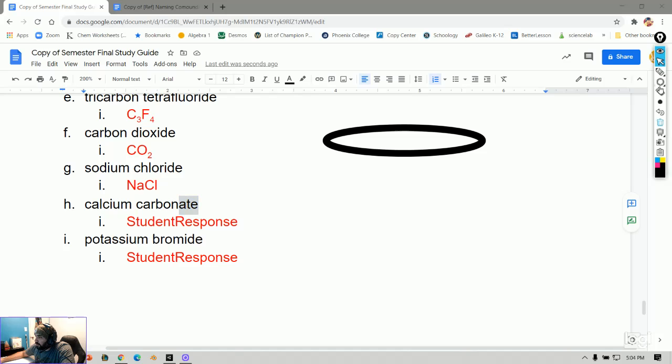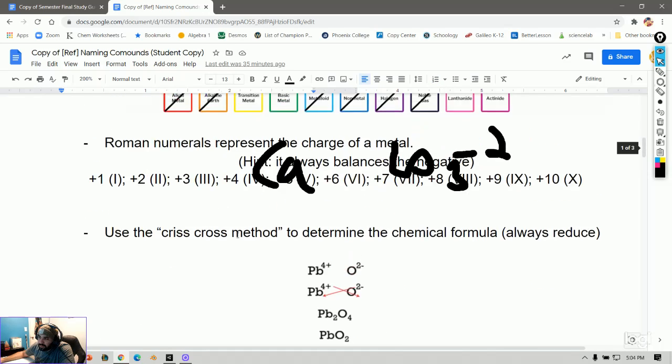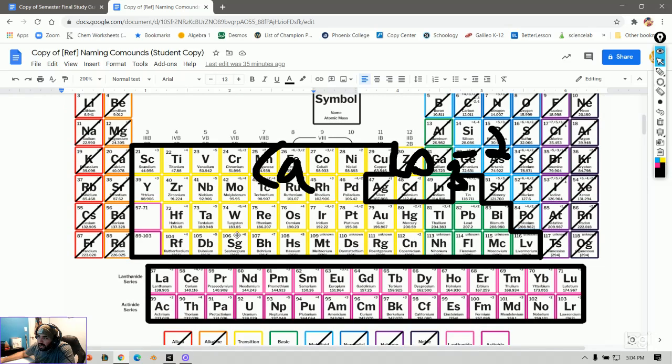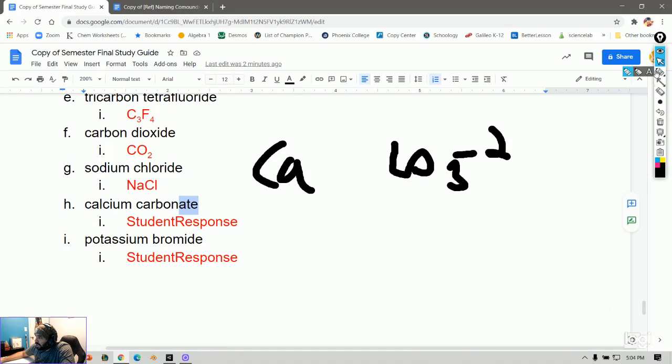So that's what I'm going to write. I'm going to write CO3, -2 charge. And then I'm going to write Ca. But I don't know the charge of calcium. So I'm going to go ahead and find it on the periodic table. Okay, calcium is right here. And it has a +2 charge. So I want to go ahead and write Ca +2 and CO3 with a -2 charge.